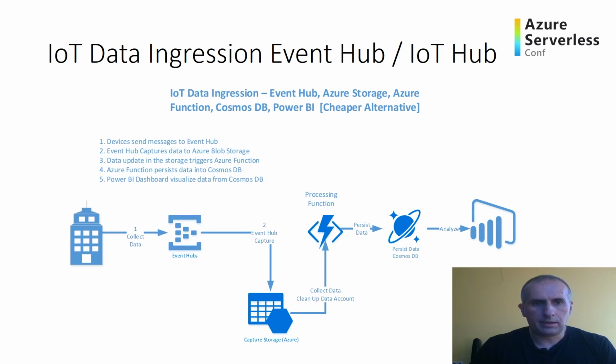In this schema, we see one of the popular integration approaches where information from devices is stored in some storage, blob storage. It is possible with Azure Functions or some other custom logic to get this data based on updates in data storage and to persist this data in some database, for example, CosmosDB.